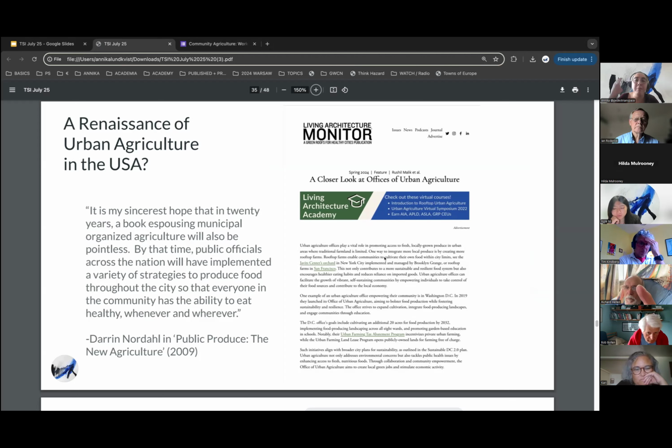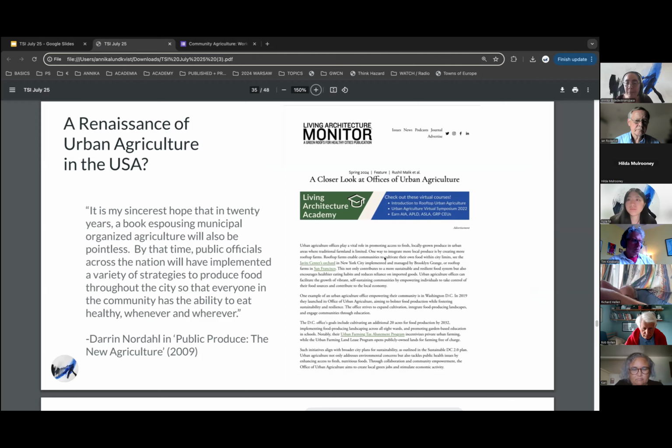Because you have this movement of these offices of urban agriculture being established, which I think is really pivotal, that now there's municipal staff and resources devoted to offices of urban agriculture, many of them which are working to support diverse local initiatives and people who are starting small urban agriculture initiatives all across the city.